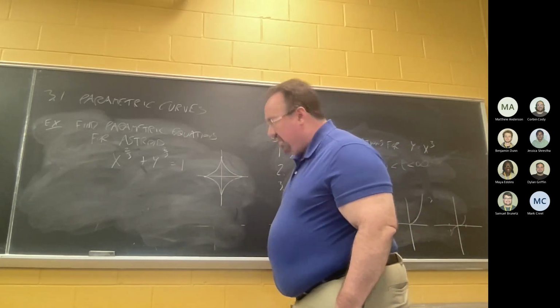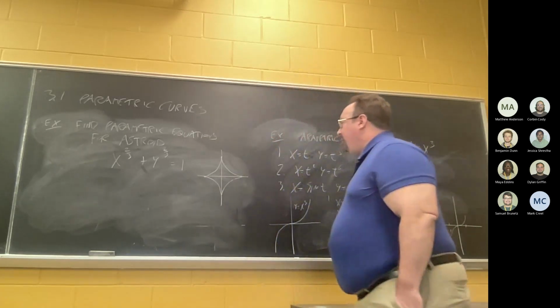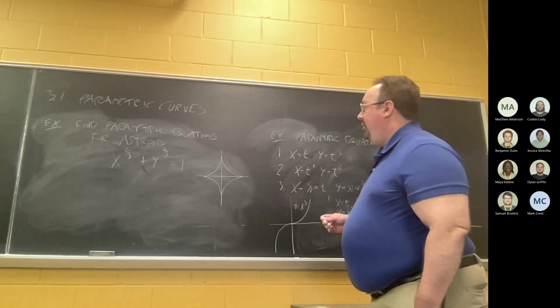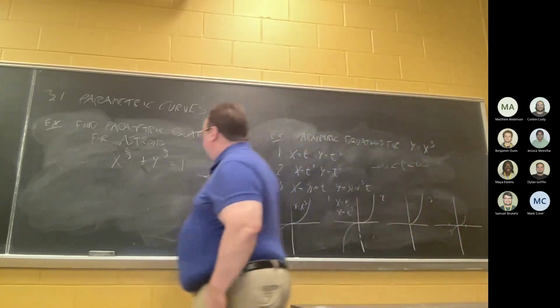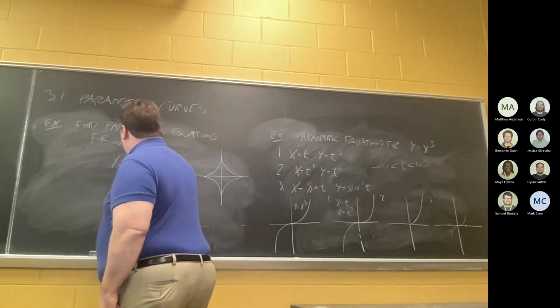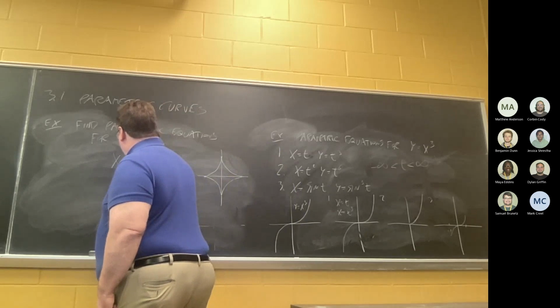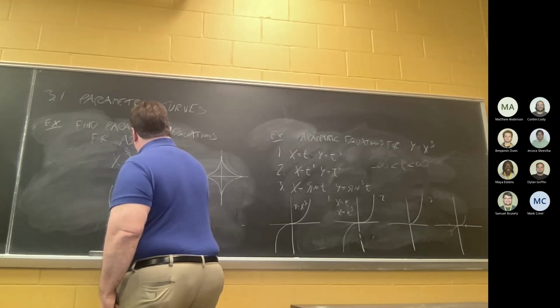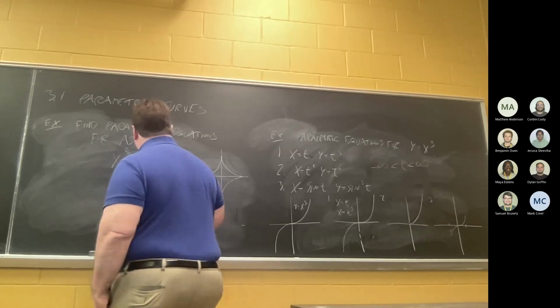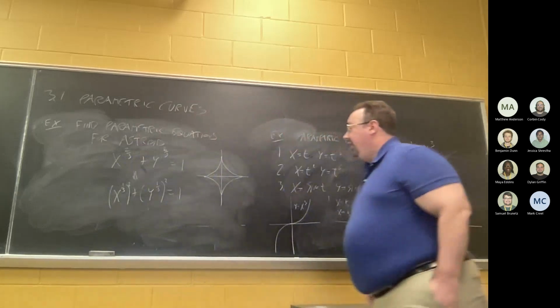Okay, so one way we can get parametric equations from this is to relate this equation to the equation of a circle, because I can write this as x to the 1/3, the whole thing squared, plus y to the 1/3, the whole thing squared, is equal to 1.